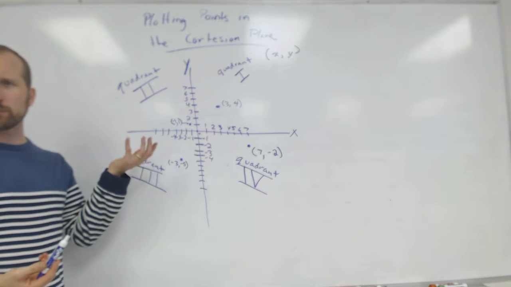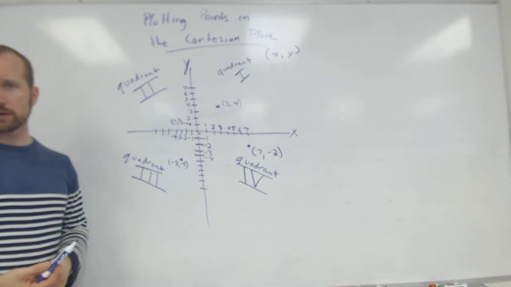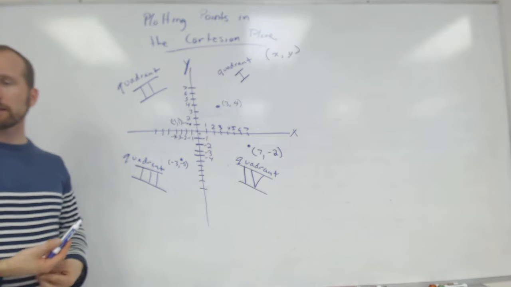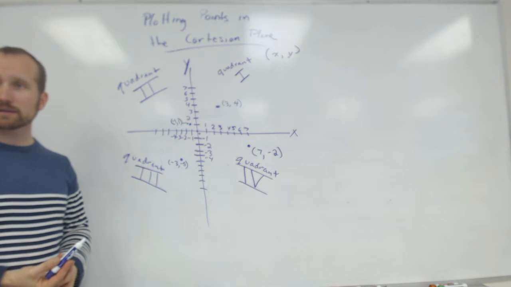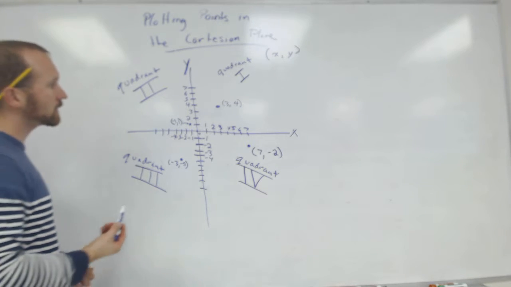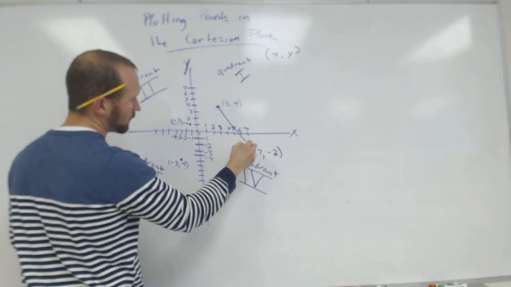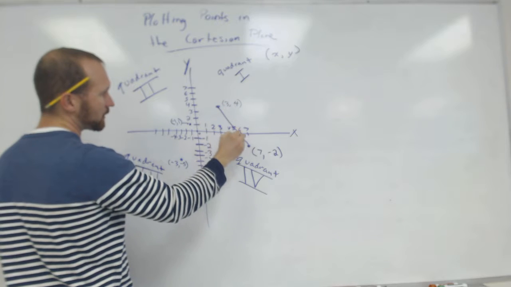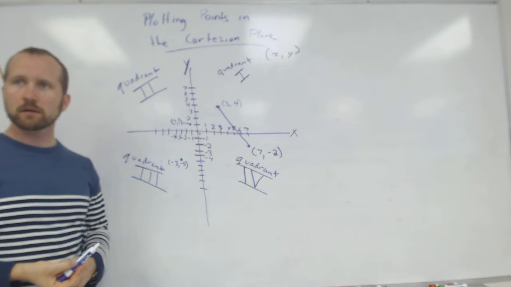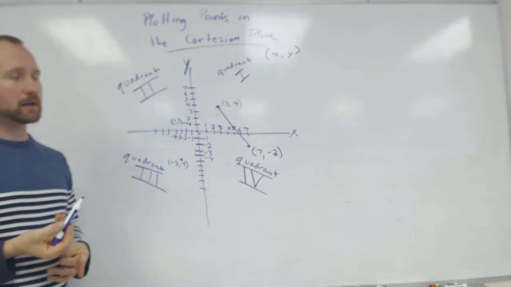And we can have not only points in this Cartesian plane, we can have shapes and line segments. So for example, if I joined this point to this point, does anyone know the name of this shape that I just made? A line? It's actually not a line.